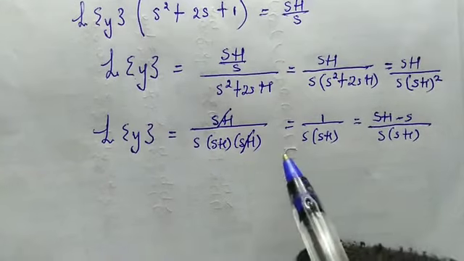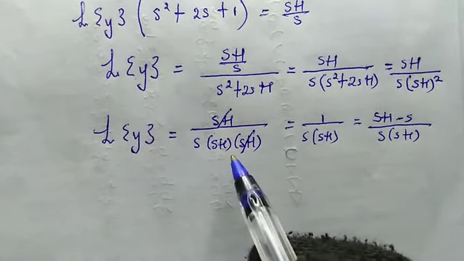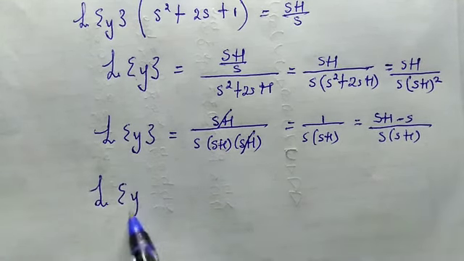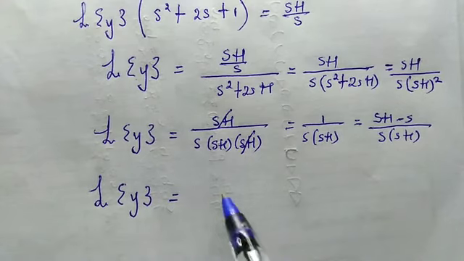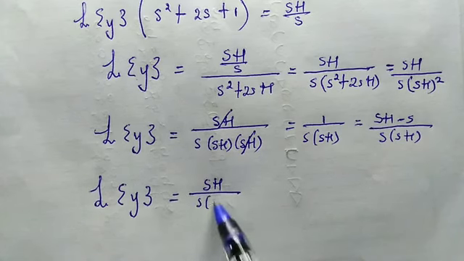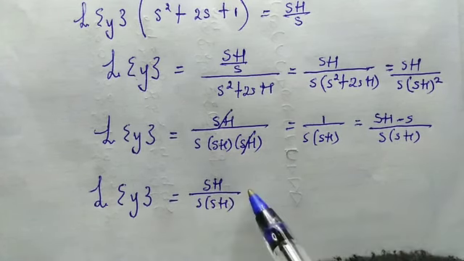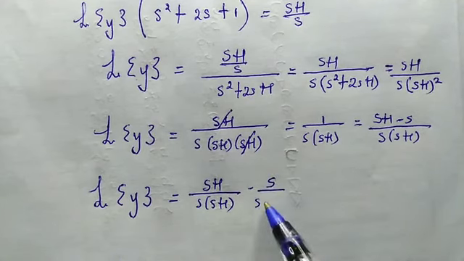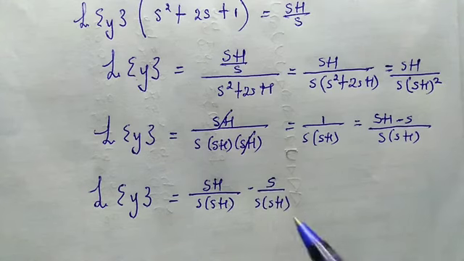Okay, then from there we can split the denominator. So here we have the Laplace transform of y. This is equal to s plus 1 all over s into bracket s plus 1, right? Then minus s all over s into bracket s plus 1.